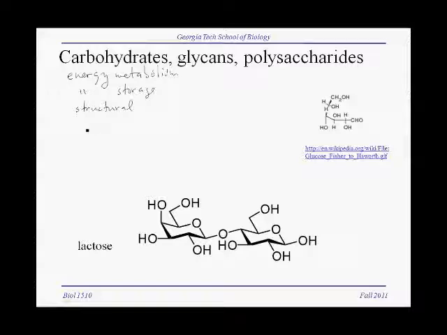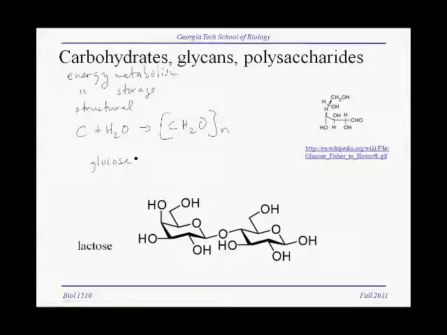So in carbohydrates, the name implies that you take a carbon plus a water molecule, and when you combine them, you get the formula for a carbohydrate. If you take the CH2O and repeat it n number of times, you get the general composition of a carbohydrate.